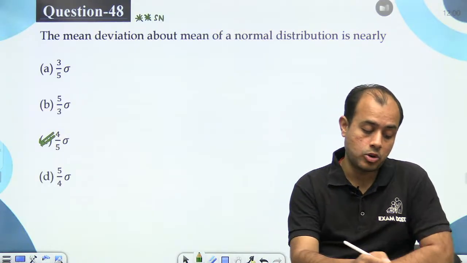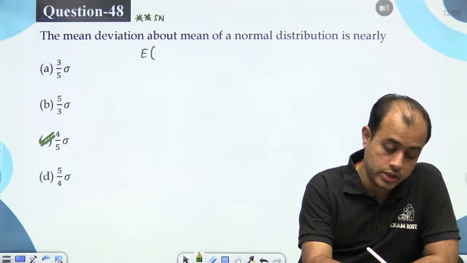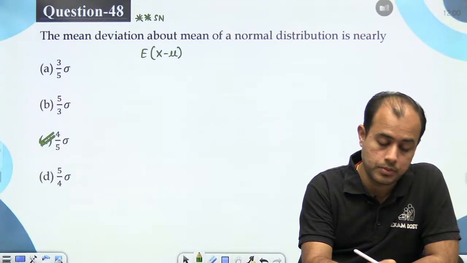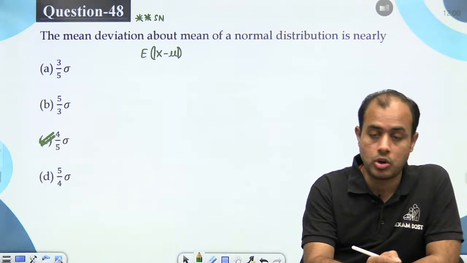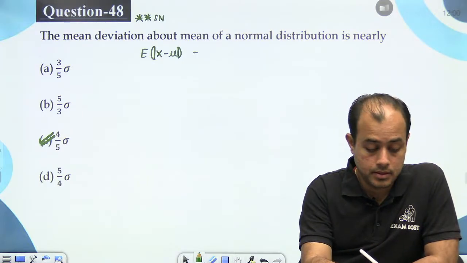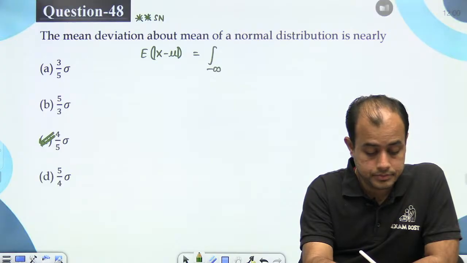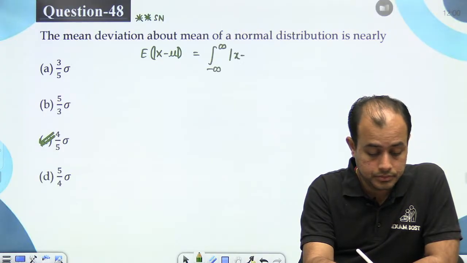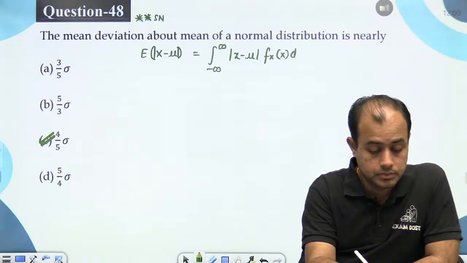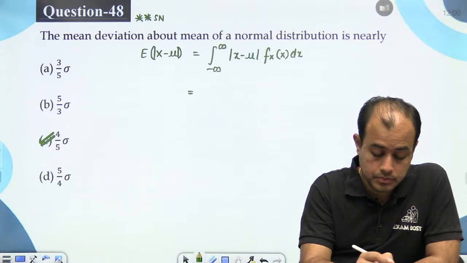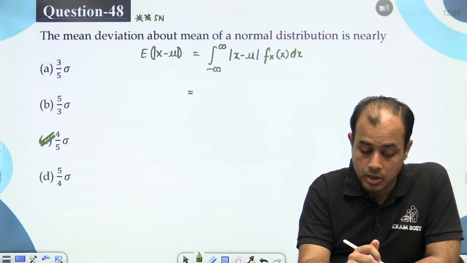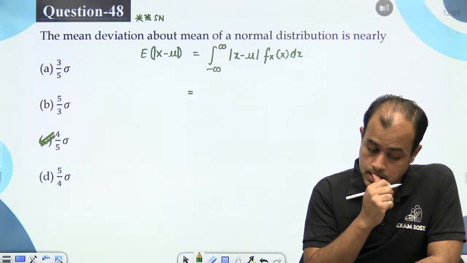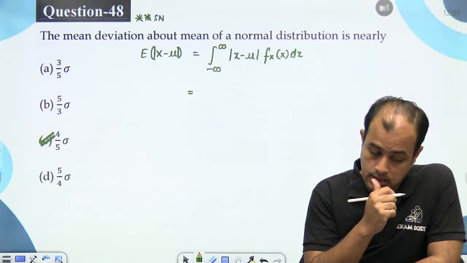Mean deviation about mean means expectation of mod of x minus mu. It is symmetric about mean.